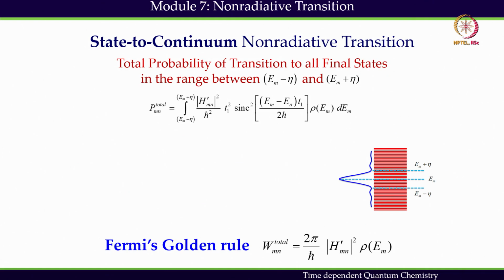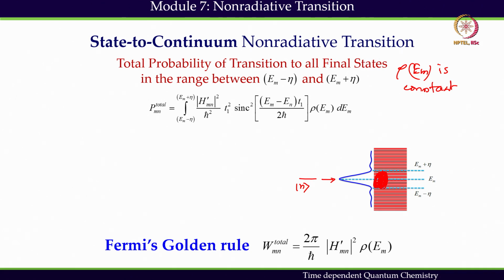So if we do that, what will happen here, we can assume that for each state, I had an n state here and it is transferring the population within this entire interval. When I am transferring the population, we will assume that for each state transition, the density of states, this rho m, is constant, to make the mathematical derivation simple.